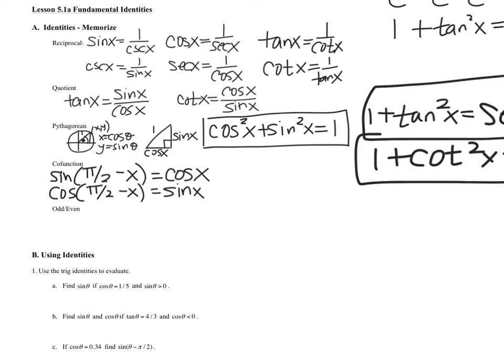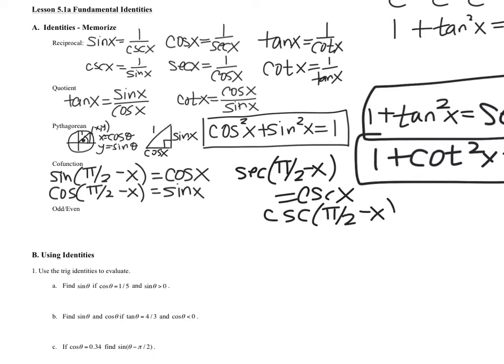So the secant of pi over 2 minus x is equal to cosecant of x. I'm going to run out of room on this thing. And then cosecant of pi over 2 minus x is equal to secant of x. And then this cofunction also works for tangent and cotangent too.